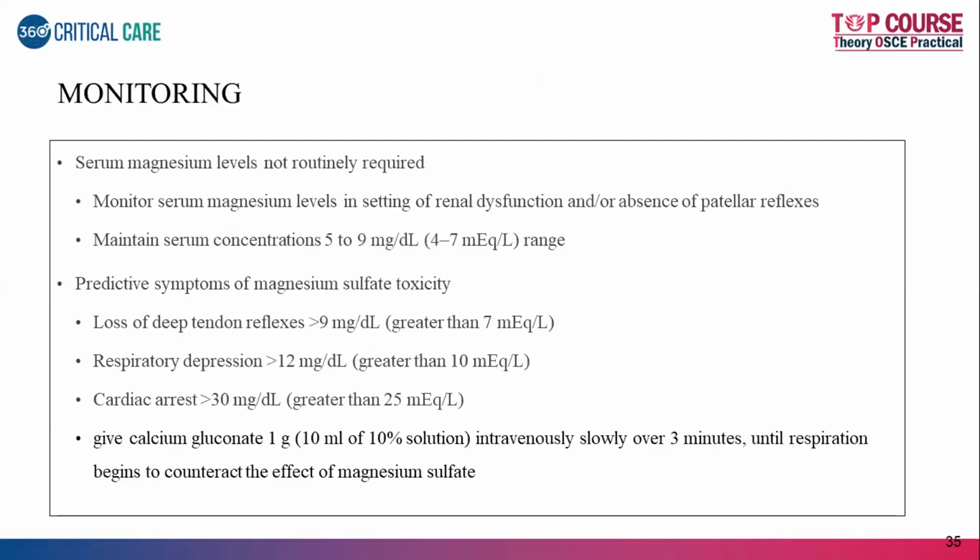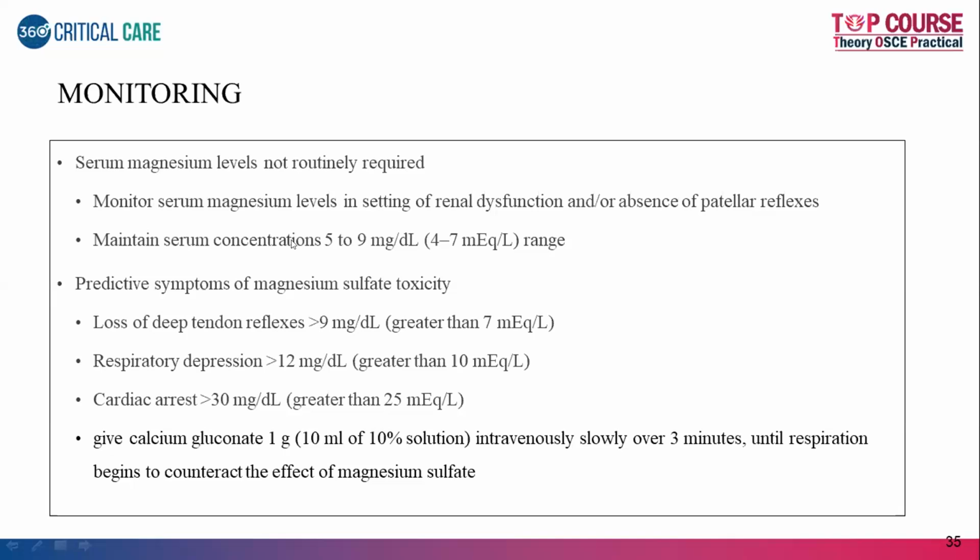And then comes the important monitoring, your serum magnesium levels. The guidelines say serum magnesium levels are not routinely required. You only monitor the levels in the setting of renal dysfunction and or absence of patellar reflexes.